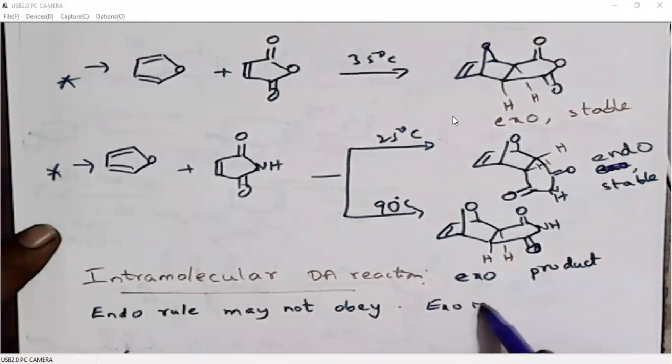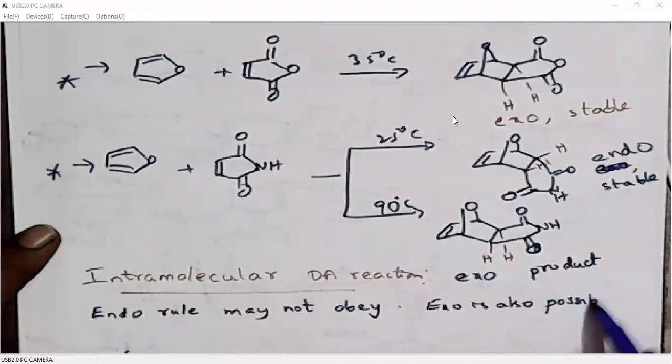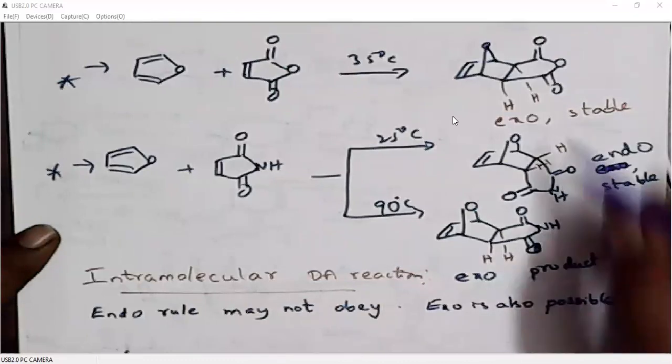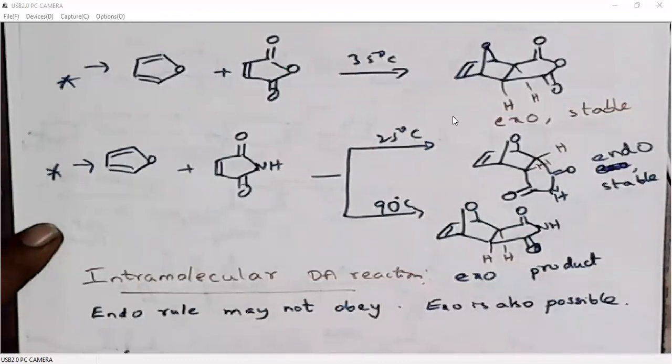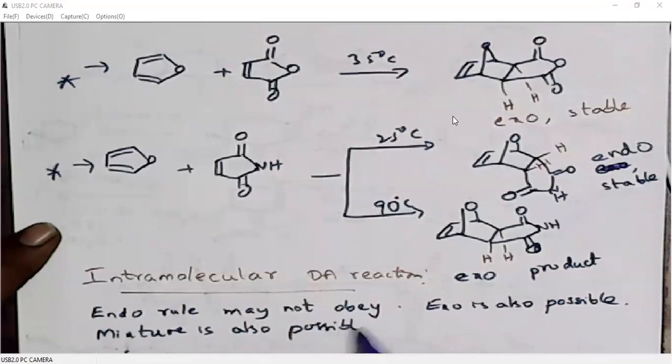Exo is also possible. As I said, these two are the only examples where exo product is possible in intermolecular reactions. In all other cases, endo is the only product. But in intramolecular Diels-Alder reactions, exo is also possible. Even a mixture is sometimes possible.